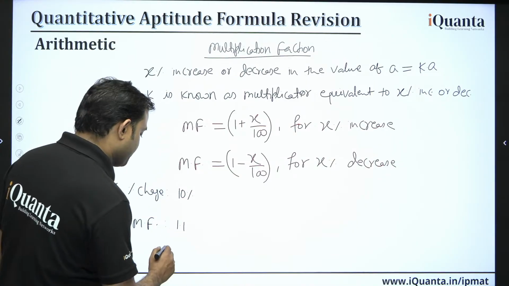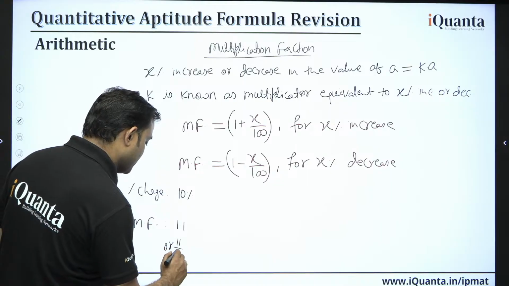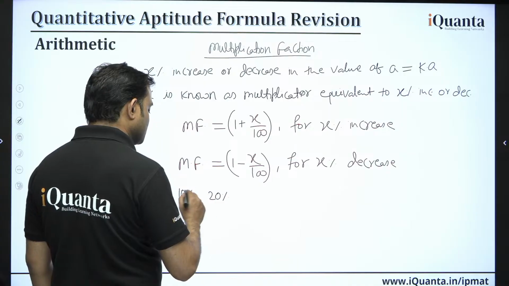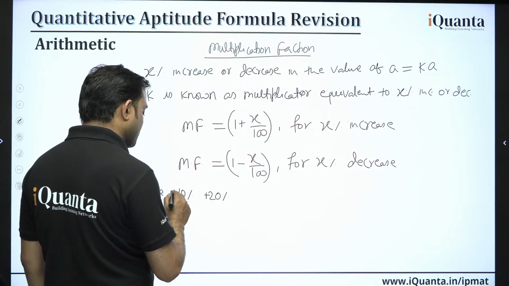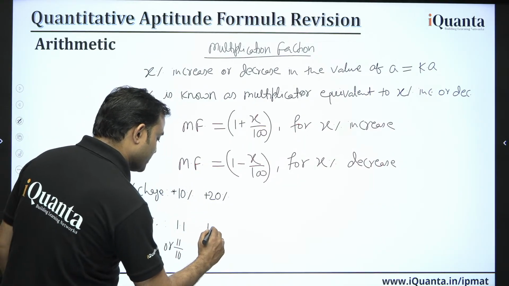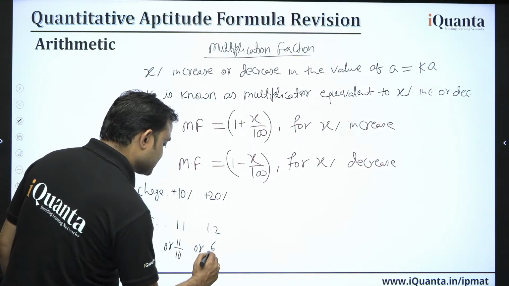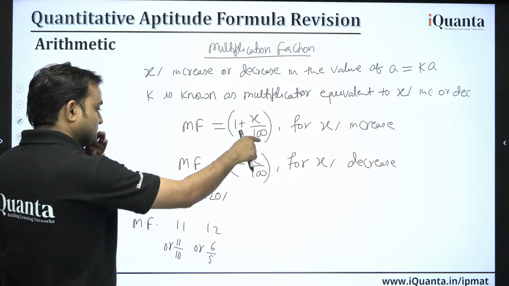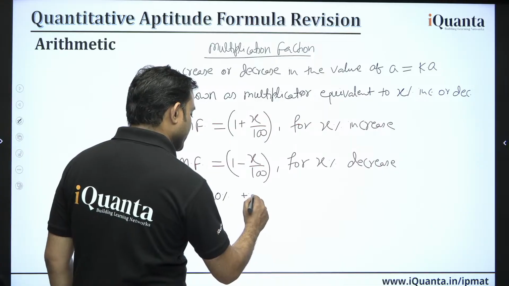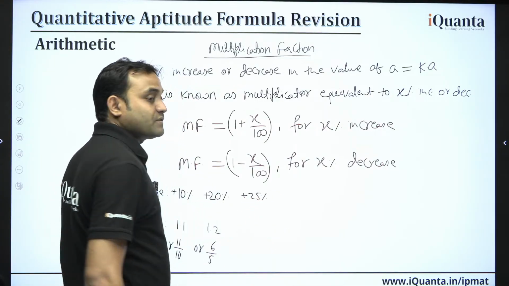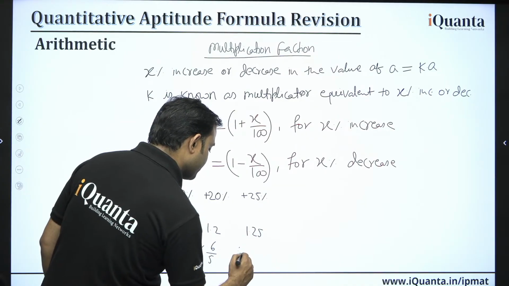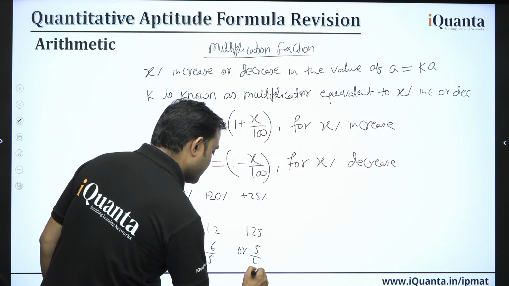Or in fraction you can write it as 11 upon 10. If the change is 20%, so I am denoting plus and minus. Plus is for increase, minus is for decrease. So this will become 1.2 or you can say 6 by 5. 1 plus 20 by 100 is nothing but 6 by 5. If it is plus 25%, 25% is 1 by 4. So this will become 1.25 or 5 upon 4.